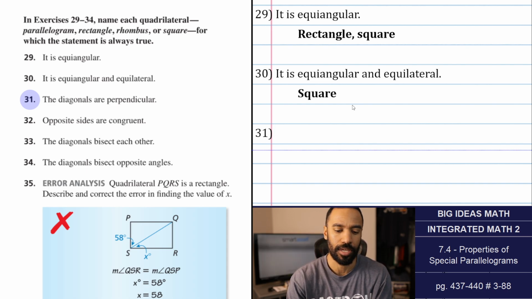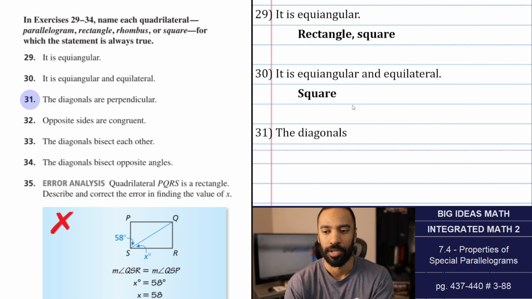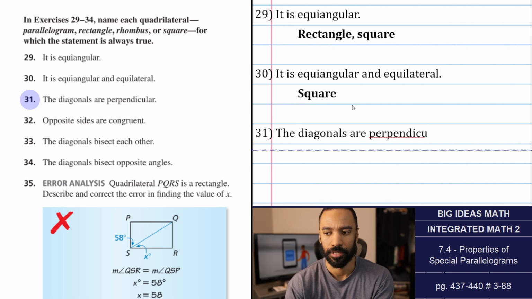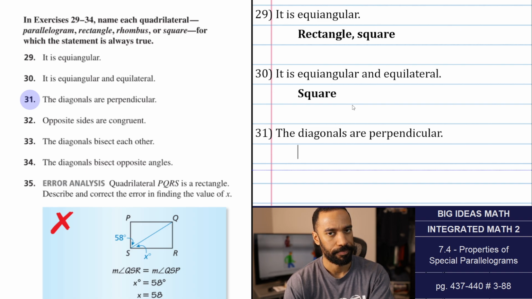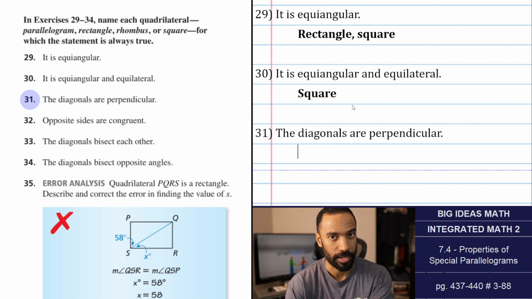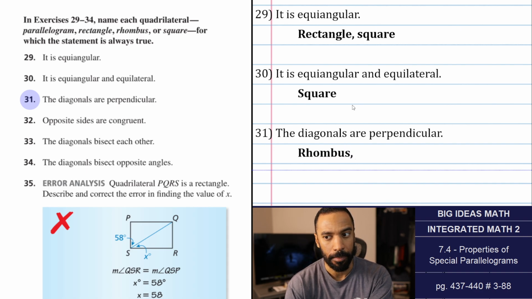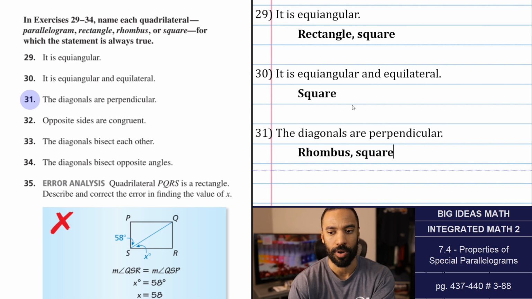So we're really just looking, again, one at a time here. Diagonals are perpendicular. Not necessarily true for a parallelogram. Not necessarily true for a rectangle. Rhombuses always have perpendicular diagonals, and a square is a type of rhombus, so a square must always have that as well. So rhombus and square.